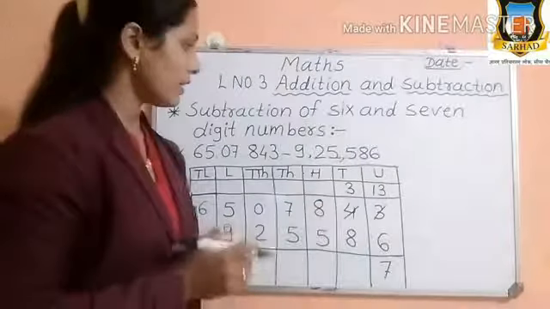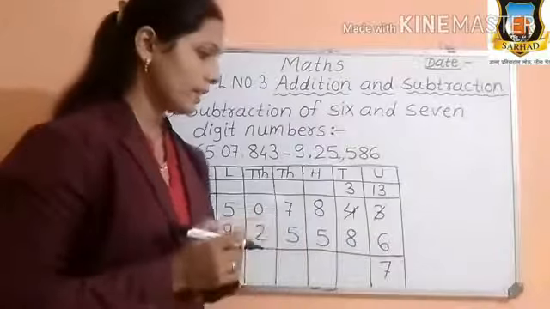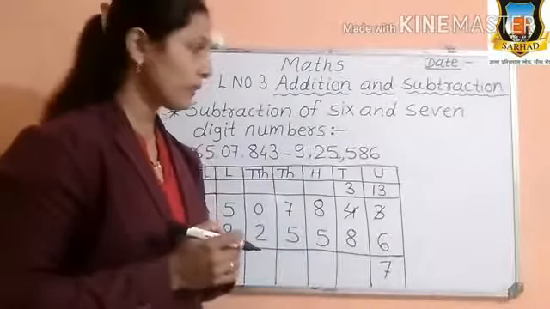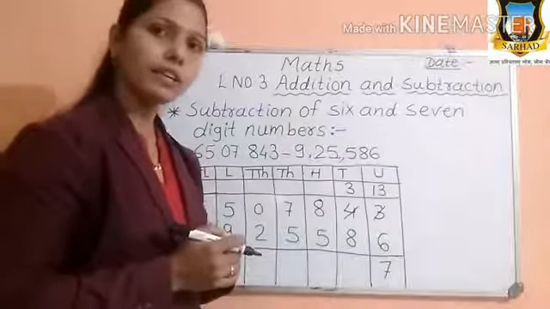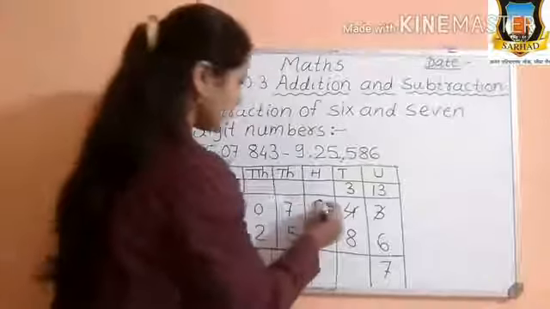Now here 3 remains. Now 3 minus 8 is not possible. So again we have to take a borrow from the next number, that is 8.